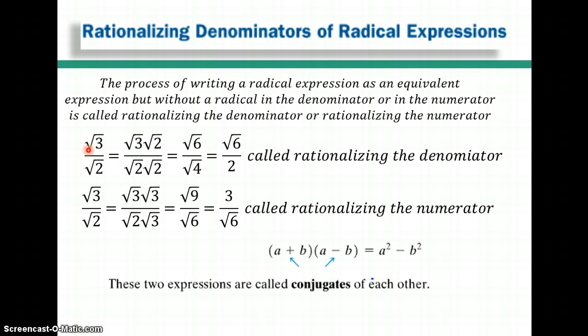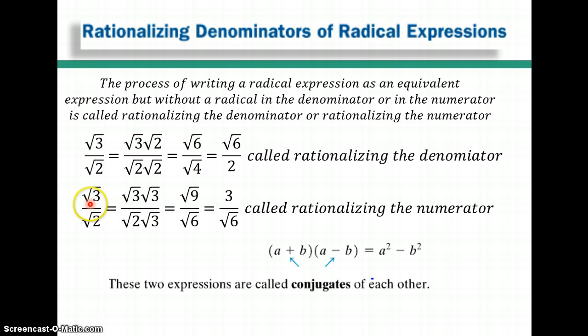The expression square root of 3 over square root of 2 can be written as the equivalent expression square root of 6 over 2. The denominator being without a radical sign is called rationalizing the denominator.